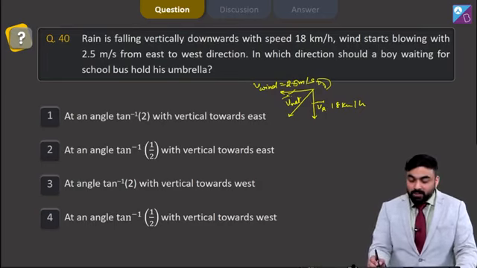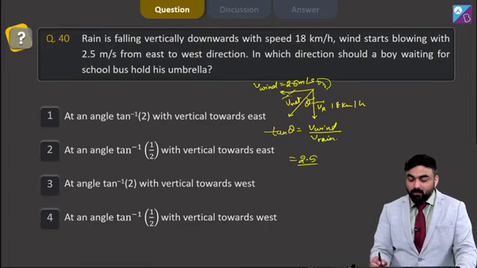If this is theta, then tan theta will be equal to the velocity of the wind over the velocity of rain, that is 2.5 over 5, which is equal to 1 by 2. That is, theta is equal to tan inverse 1 by 2.